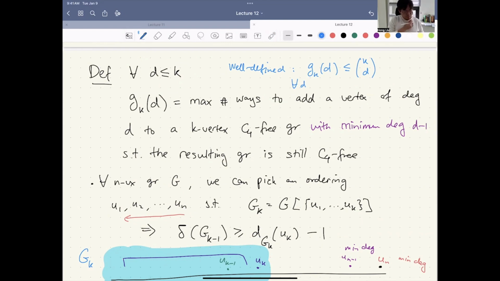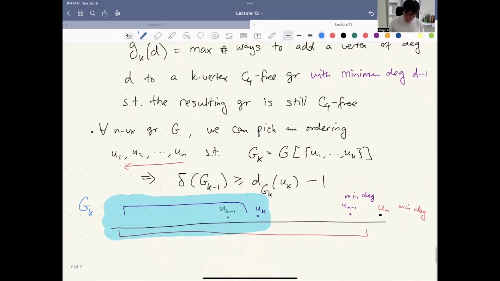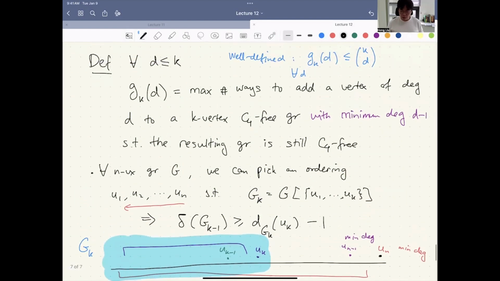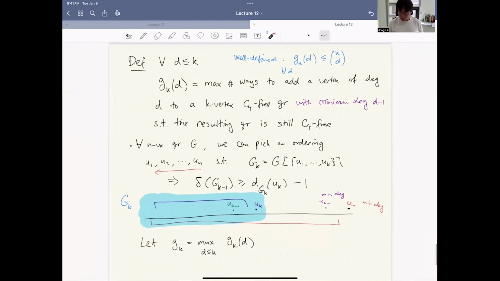Let's let GK be the maximum over all D at most K of GK of D. Let's take the worst possible choice of D to maximize this number of extensions.